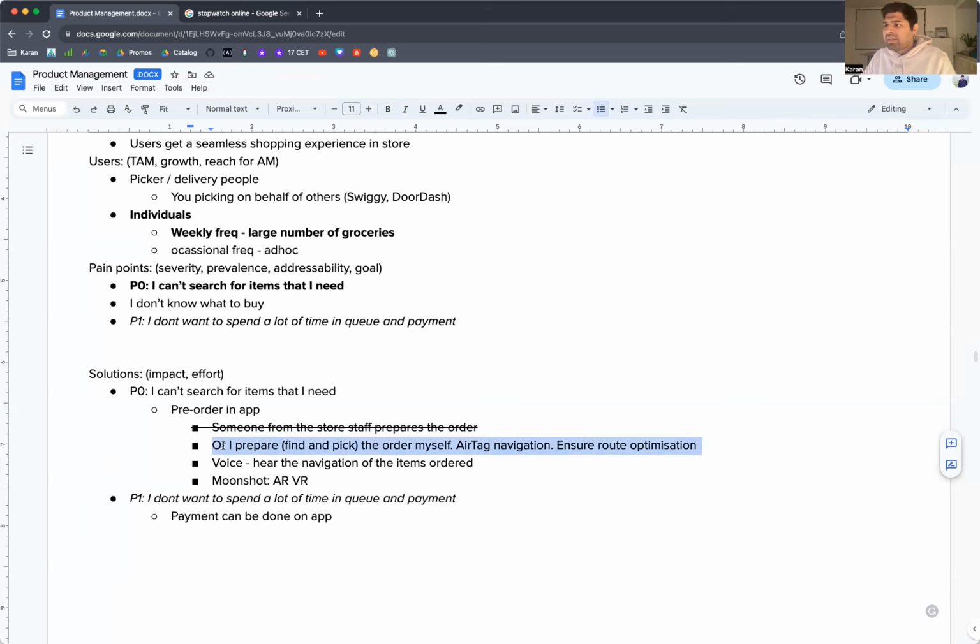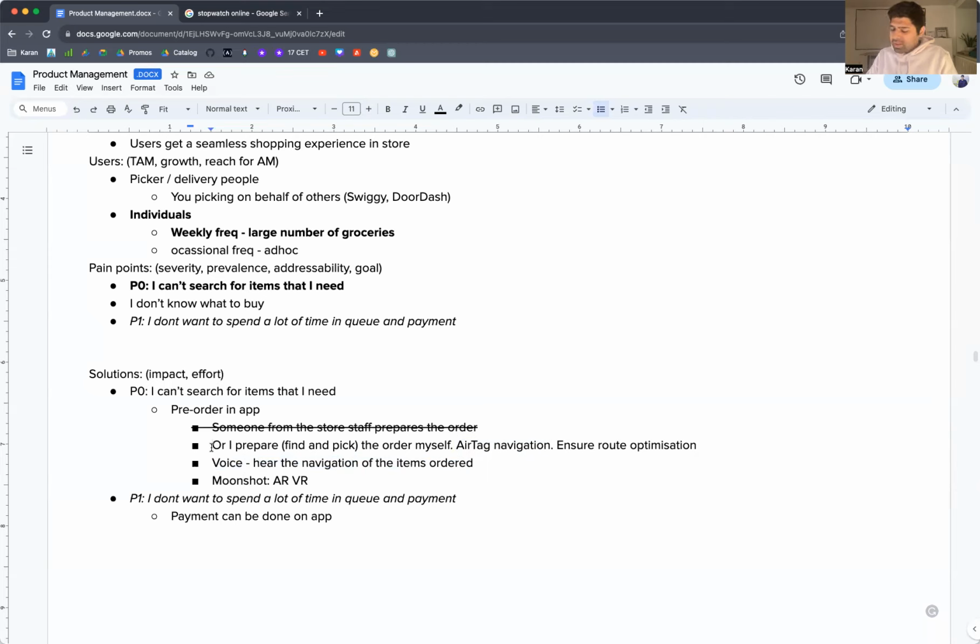In terms of impact, I think this is definitely the highest impact and the most feasible one, because I can actually get AirTags related navigation, and it could be route optimized, wherein I can find all of the items that I have on the list. And if there are certain items that I do not have on the list, I can just do a voice command on top of it and hear the navigation, or even communicate the items with voice and hear the navigation via voice of the items ordered.